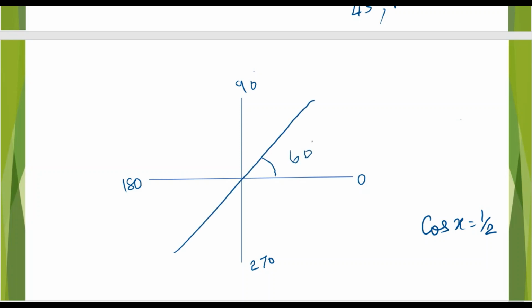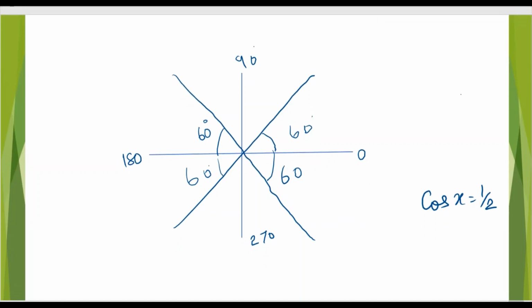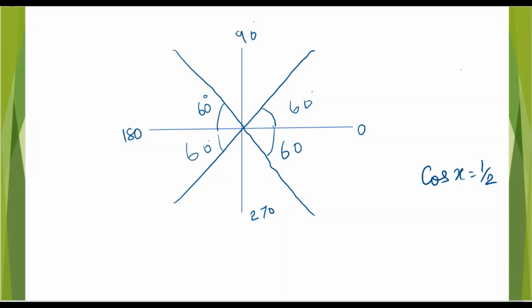This is 60 and this is also 60. Now the expression is given as cos x equal to 1 over 2, and we know cos 60 is 1 over 2. Okay, and because it is positive, the value of x is going to be in the first and the fourth quadrant.